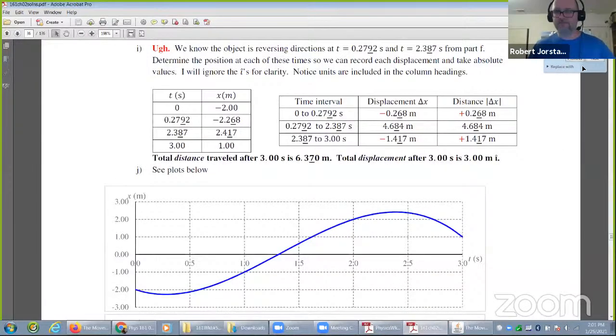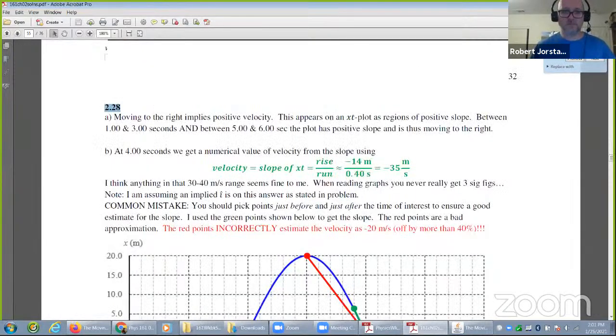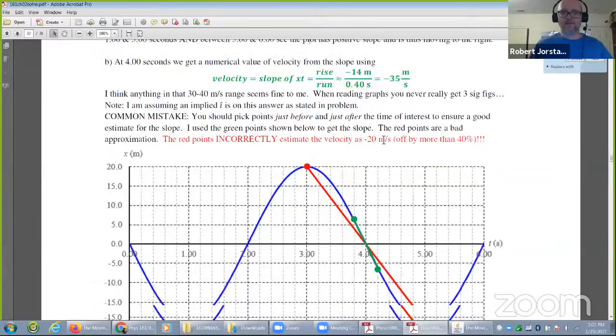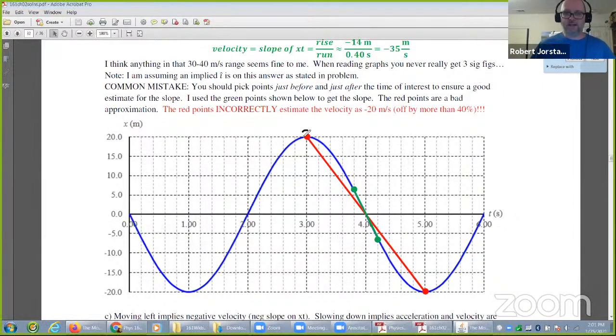2.28. Okay, here's the idea. If you look at this, sorry I used red and green. This red slope right here is way off from the realistic value.